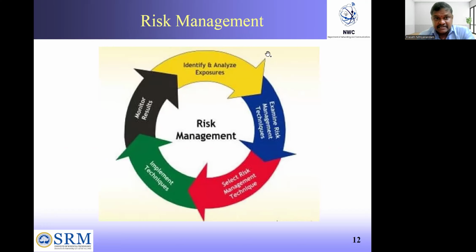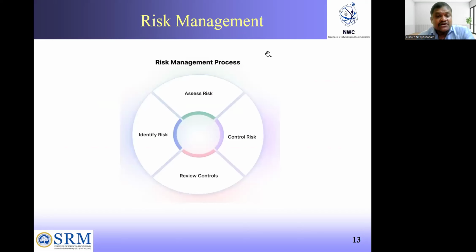Effective risk management is not a one-time task, but an ongoing process that adapts to new threats and changes in the organization. Regular reviews, documentation, and staff training are essential components of a successful risk management strategy.